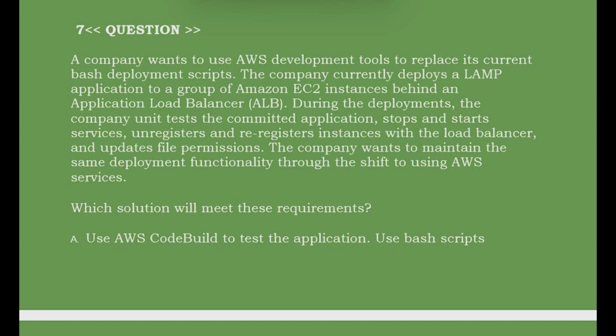During the deployments, the company unit tests the committed application, stops and starts services, unregisters and re-registers instances with the load balancer, and updates file permissions. The company wants to maintain the same deployment functionality through the shift to using AWS services. Which solution will meet these requirements?